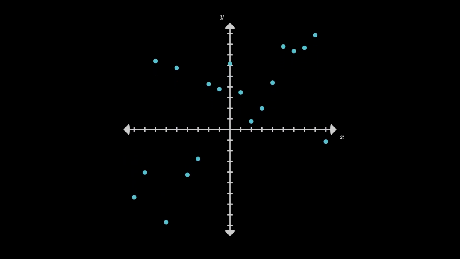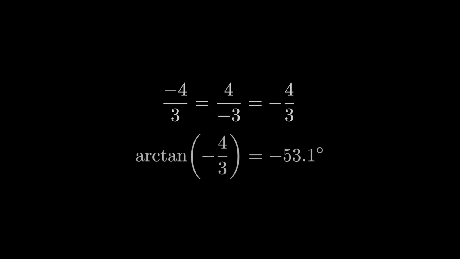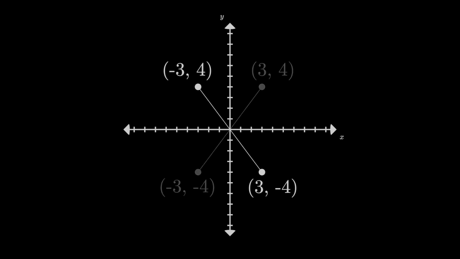The arctangent function, it's not dumb, it just sees the number and takes the inverse tangent of it. What does it care whether the number is -4 over 3 or 4 over -3? To the calculator, they're the same number, but us, we know that their inverse tangents are different angles.